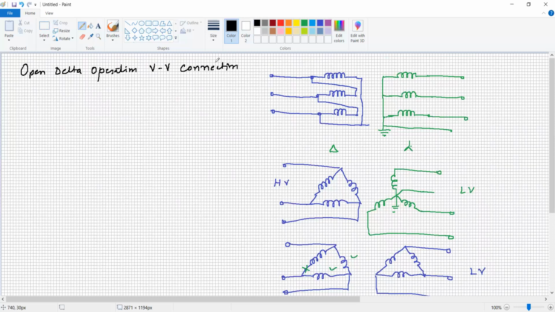What is the reason? Suppose there is a fault in a big transformer, even then we can supply power to the load. No doubt the capacity of the transformer decreases because only two windings are working. Even so, it can supply balanced three-phase voltage to the higher priority feeders.